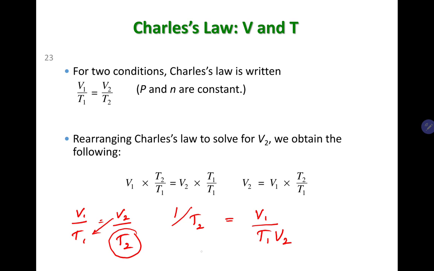We want this equation as a function of T2, so we have to flip it upside down. So it will be T1 times V2 divided by V1. This is how you do it. Always make sure to correctly rearrange the equations depending on the unknown.